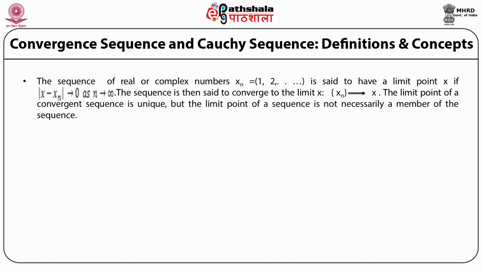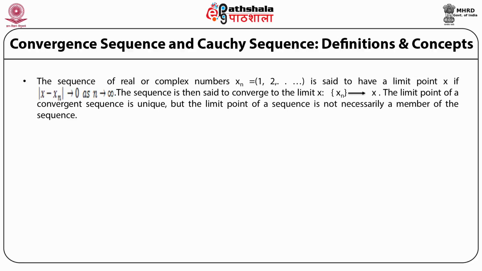The sequence is then said to converge to the limit x, or mathematically, the set of complex or real numbers xn, which is denoted by xn within curly brackets, tends to the limit point x as n tends to infinity.